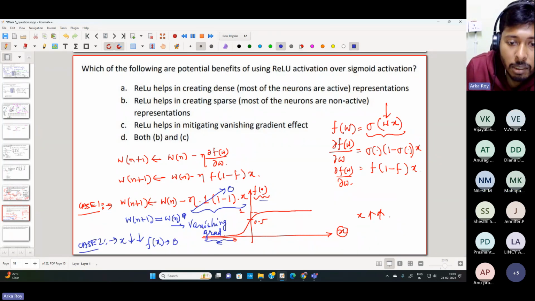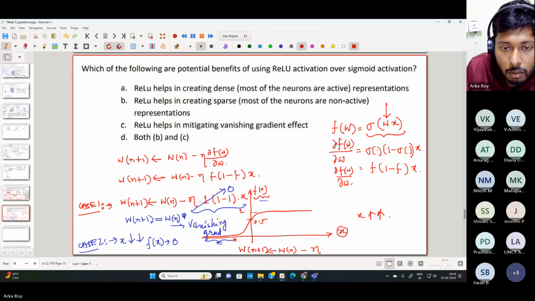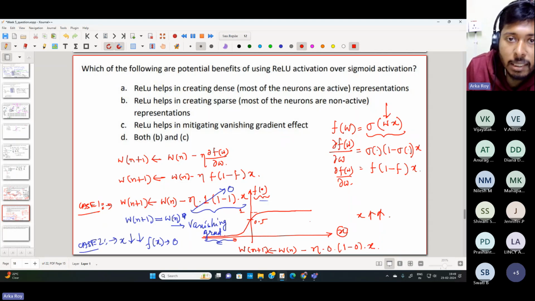So in this particular case, let me write the weight update equation again: w(n+1) equals w(n) minus eta. Over here, the f value is 0, so eta into 0 into 1 minus 0 into x. Again, you can see that this gradient term vanishes.